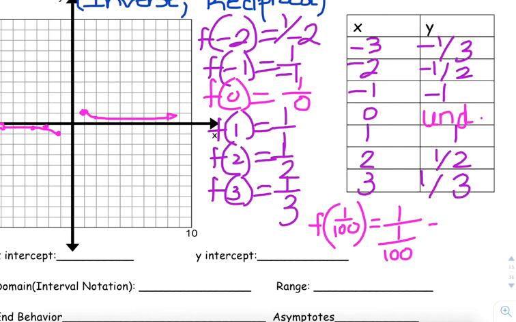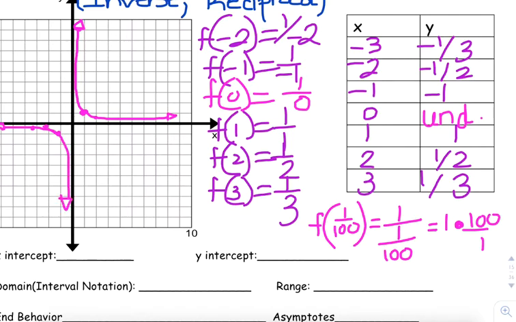If you recall, when you divide by a fraction, it's times the reciprocal. That's 100. That is way up there. So what happens here is it gets really, really close to the y-axis. It just keeps growing, but never actually touches it. And similarly here.